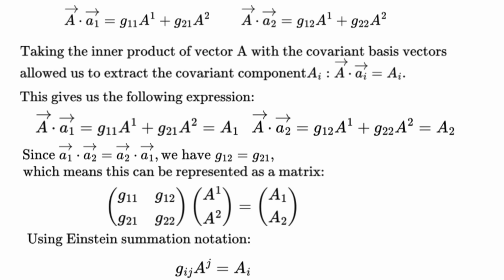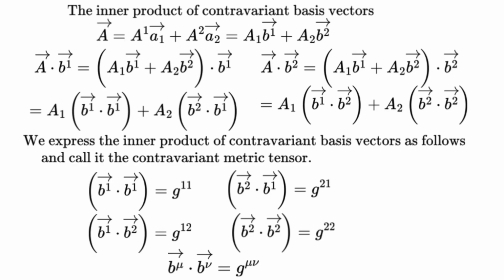Using Einstein's summation notation, the inner product of contravariant basis vectors. We express the inner product of contravariant basis vectors as follows and call it the contravariant metric tensor.